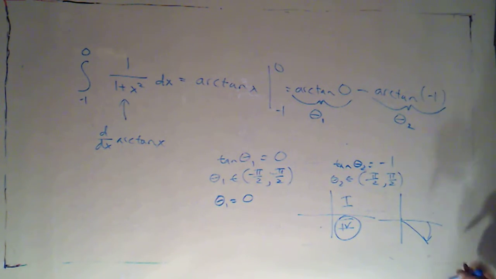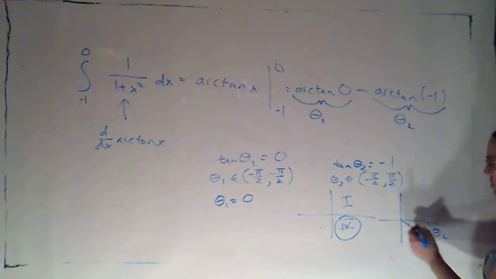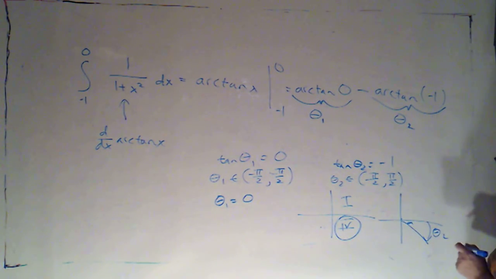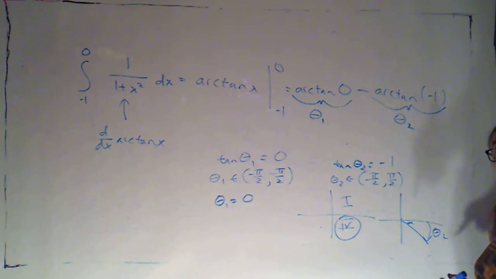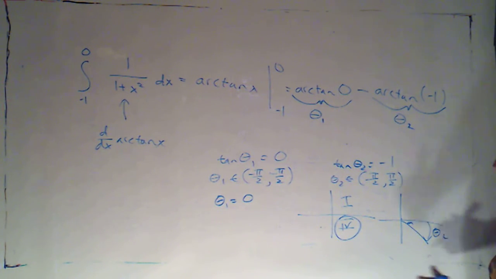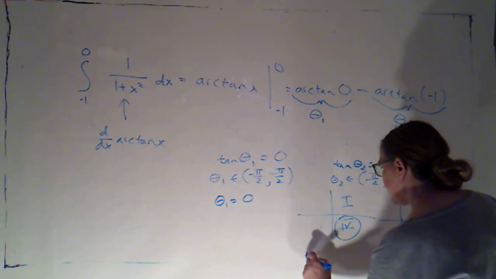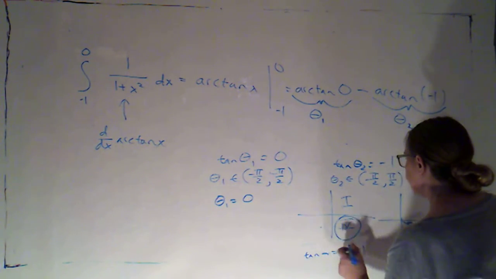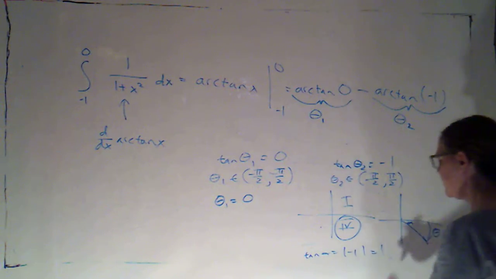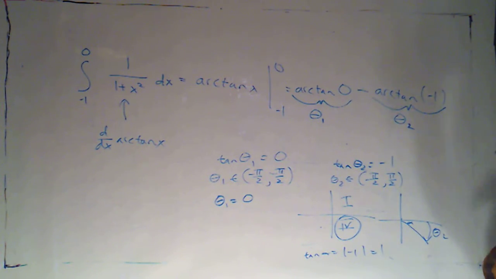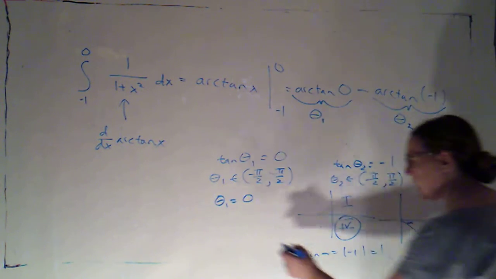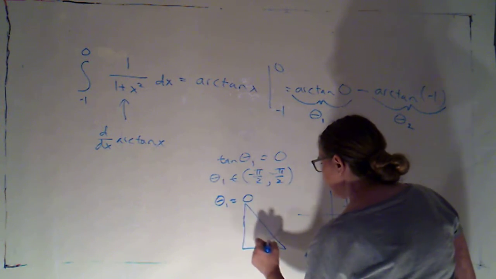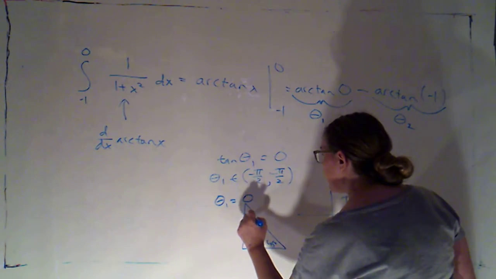So I'm talking about a negative acute angle. So if that's my theta 2, alpha would just be the opposite of that, because alpha, the reference angle, is always just a positive acute angle. And what I know is that tangent of alpha would be the absolute value of negative 1, which is just 1. Well, what acute angle has a tangent of 1? That, of course, is pi over 4.